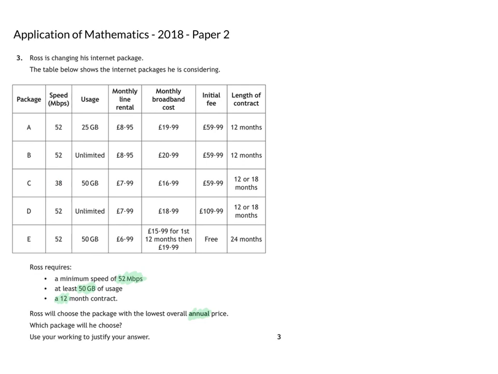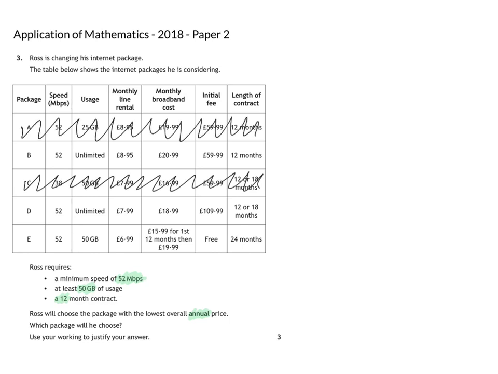So this one, which is 38, that whole package C doesn't need to be taken into account. Right, what one can we eliminate next? We've got at least 50 gigabytes of usage. Looking at the usage, not enough. The other 3 that are left are fine. So we can eliminate that top one, which doesn't give us enough data.